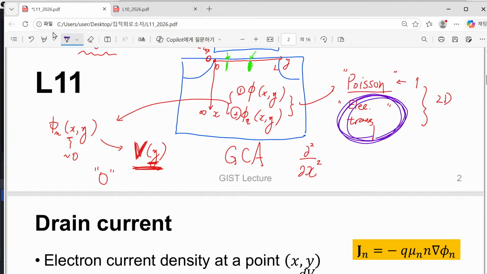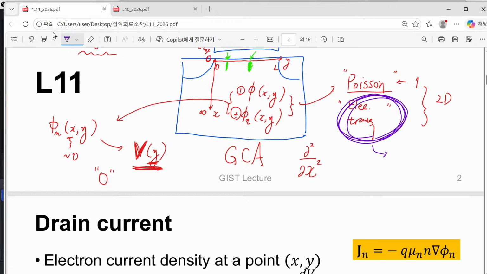We have spent quite much time on our Poisson equation, and also we made the specialization for this one-dimensional MOS capacitor. But what is the equation required for electron transport? Which equation should be considered to describe the motion of electrons inside this system?